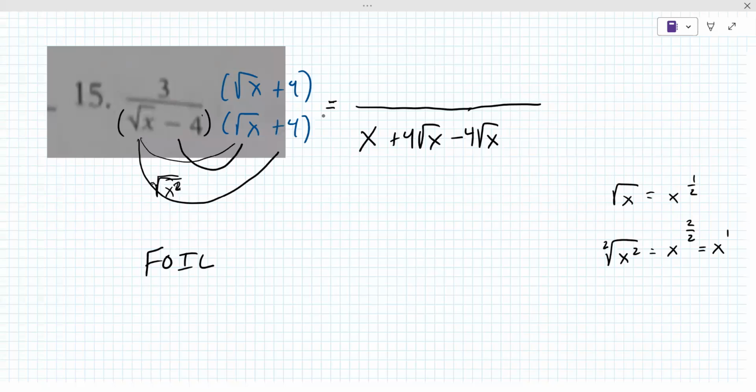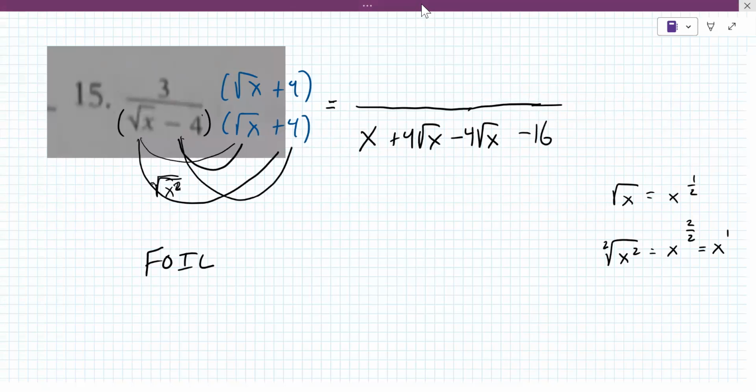And then, last, -4 times +4 is? -16. Good.